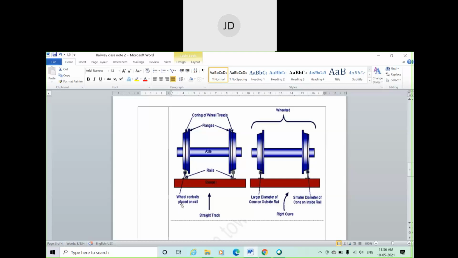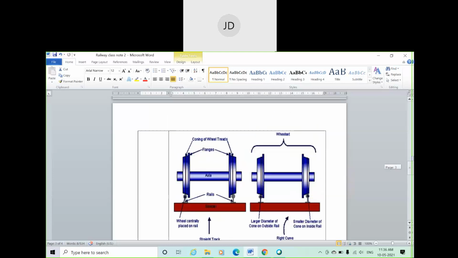So the wheel is centrally placed on the rail. You can see this is written here. When the train is moving on a straight track, wheels are centrally placed on the rail. This is a rail, and this is a wheel of the train, and it's always at this point. The point of contact is at the center point of the wheel. Got it?